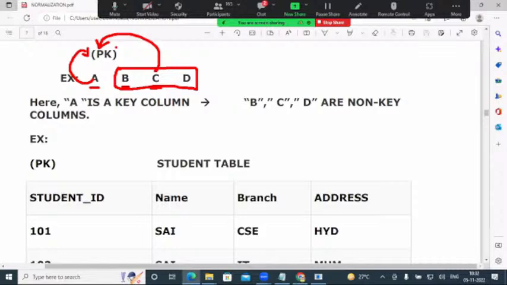Now for example, some children depend on mother and father. When children depend on father and mother, are those children partially dependent or fully dependent?